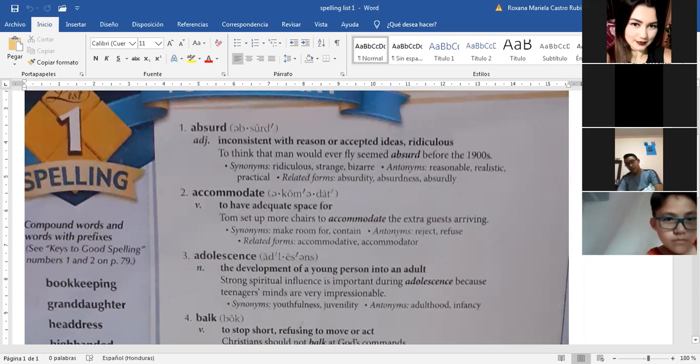Como usted utiliza for, después de un for, porque es una preposición, tiene que utilizar un gerund. Entonces sería for accommodating. Siempre que utilizamos una preposición, el verbo va a ir con ing. For accommodating, aunque en español lo traduciríamos para acomodar. For accommodating thousands of people. Exactly. Great job.